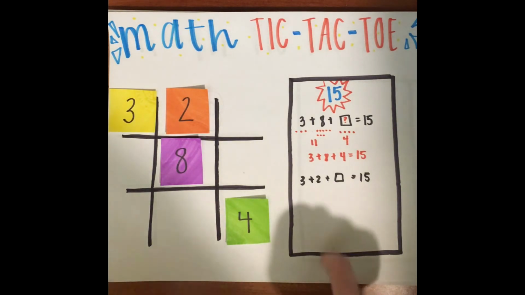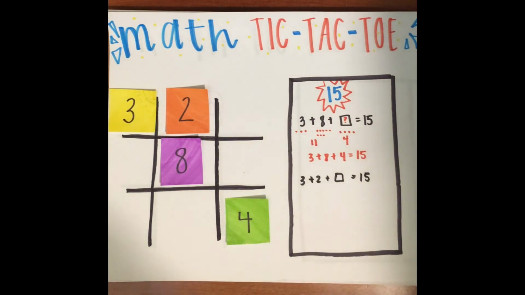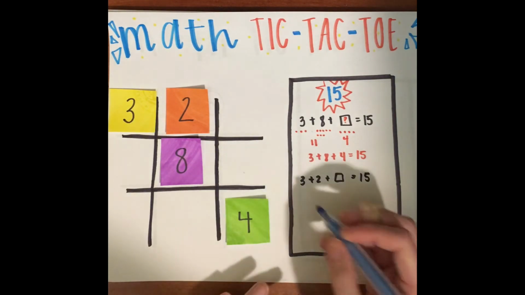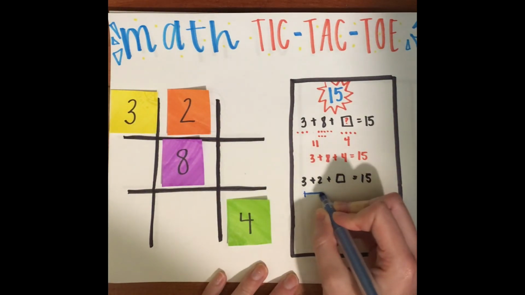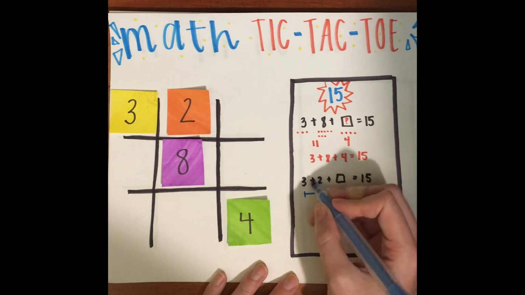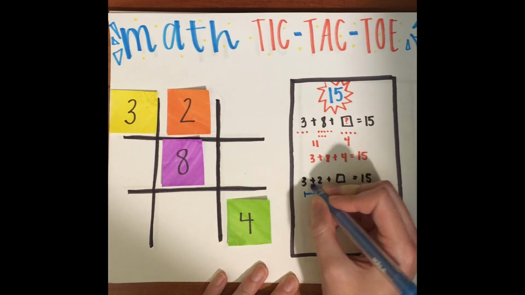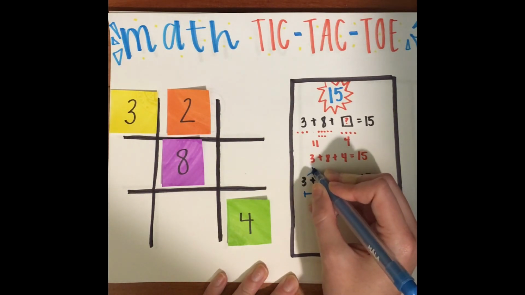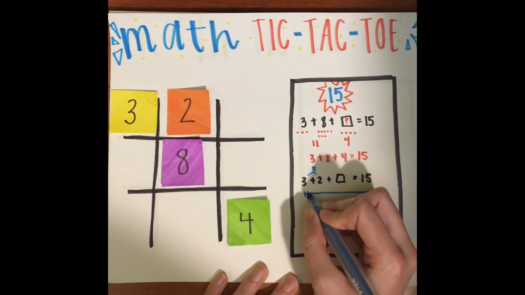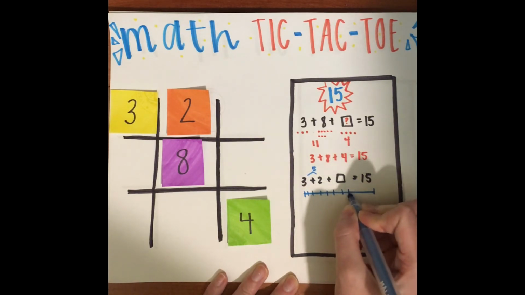And I'm trying to find that mystery number, and this time I'm going to use a different strategy. Think about what strategy you could use to solve this. I'm going to go ahead and use a number line. And I know 3 plus 2 is 5. So I can draw my little lines.